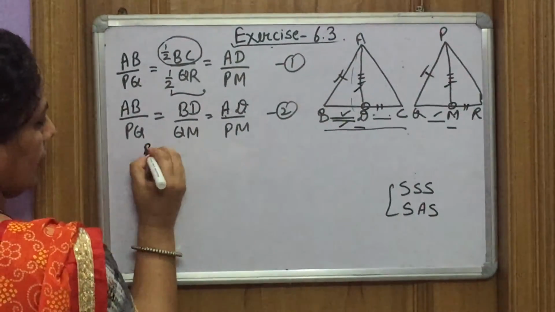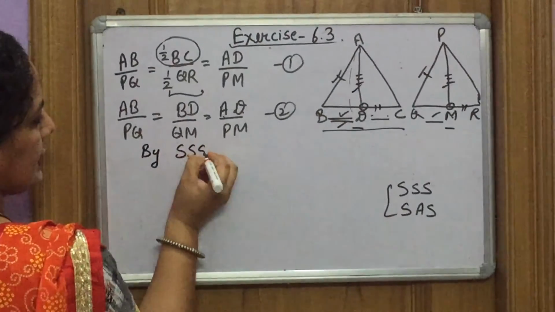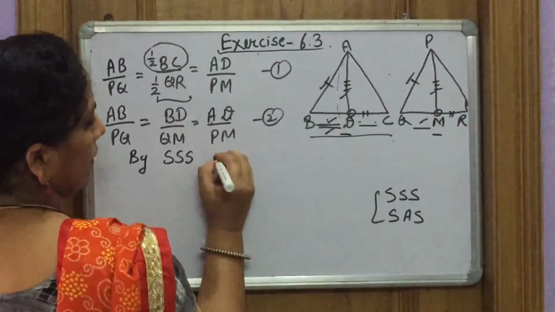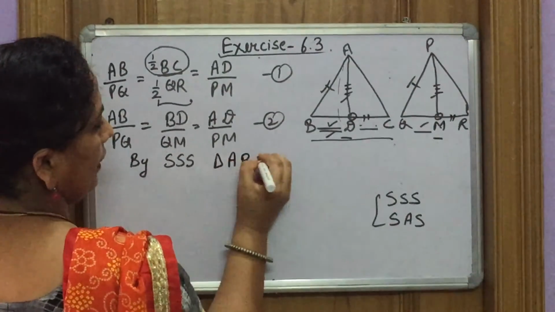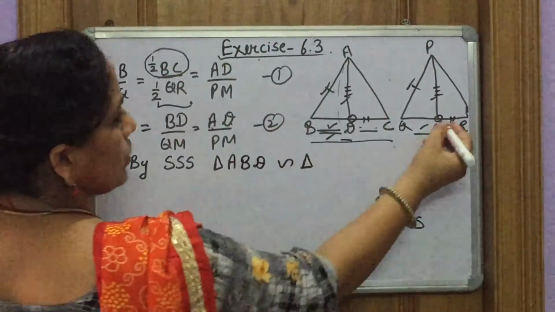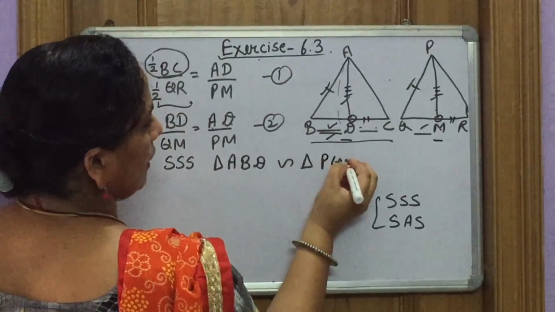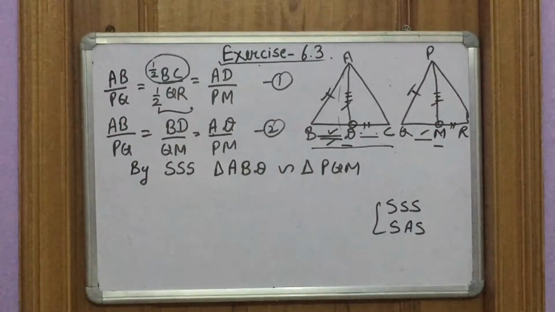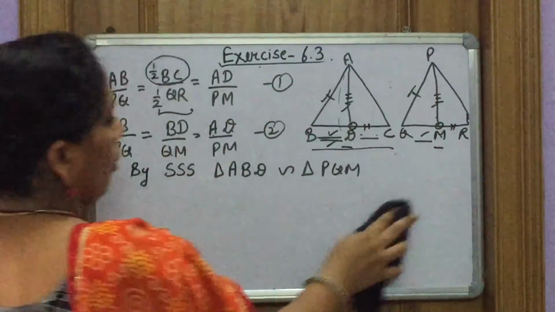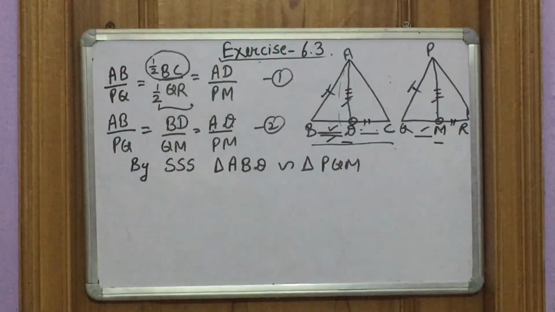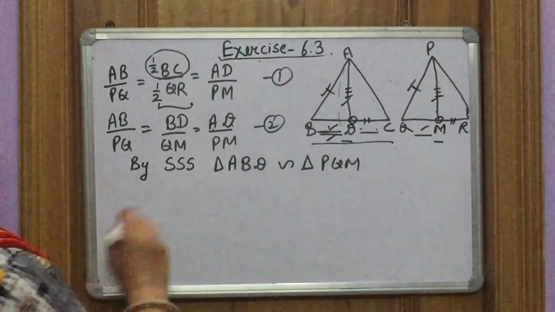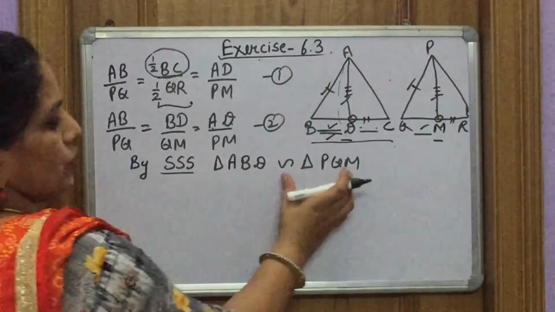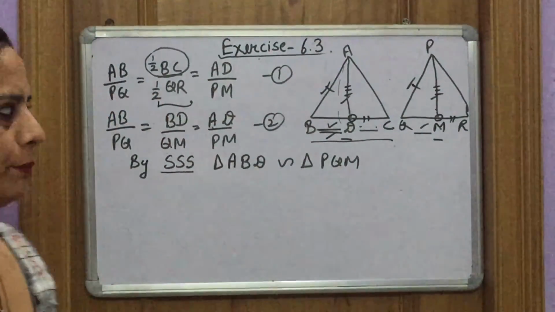So we can say that by side similarity criteria, small triangle ABD is similar to small triangle PQM, because in these two small triangles the ratio of all three sides is equal.